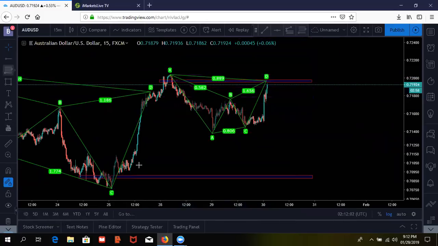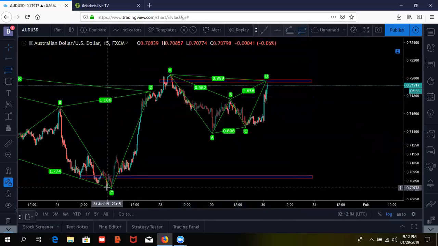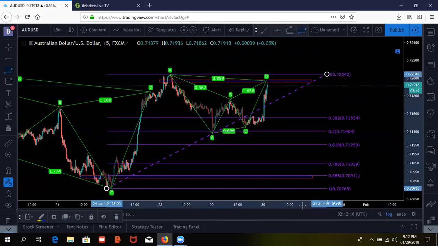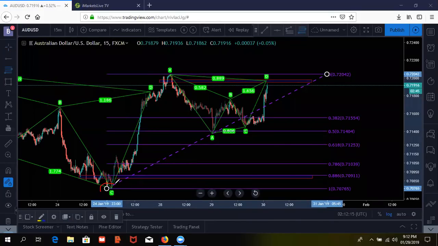Again, if I go ahead and take my field from this level of support all the way up to this level of resistance, so I took my field from my X all the way up here to my A. So it's X leg, A leg, follow the market from my A leg on down. Boom, give me that 50% touch right here. So now I'm looking for a potential bat pattern.